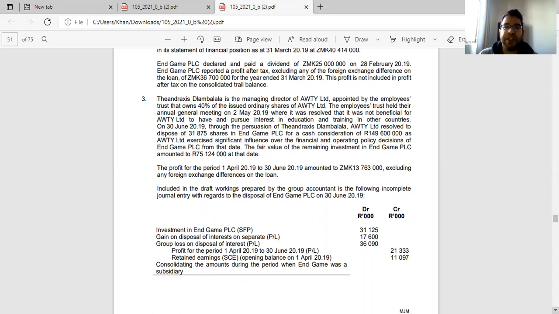The second aspect regarding the presentation of other comprehensive income is that you'll have two sections under other comprehensive income. The one section is called items that may be reclassified, and the other section is items that may not be reclassified. So for example, an item that may not be reclassified is revaluation on PPE.